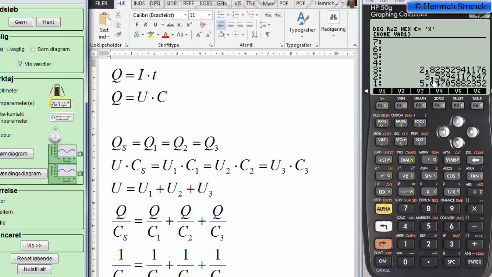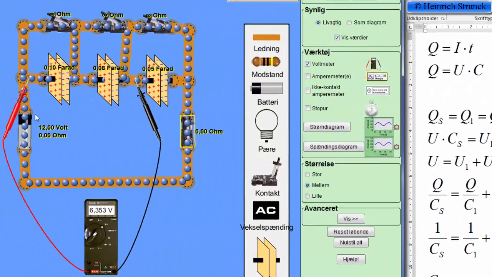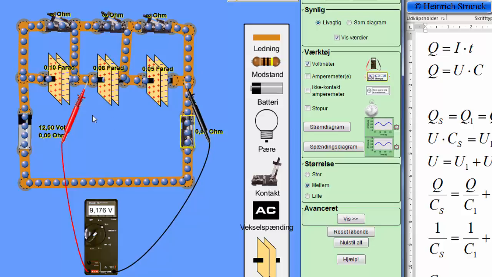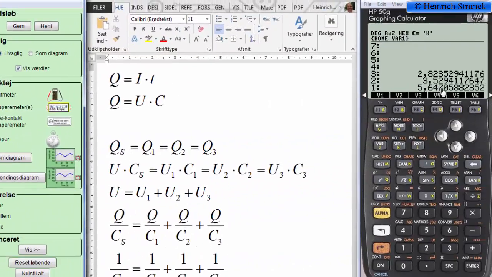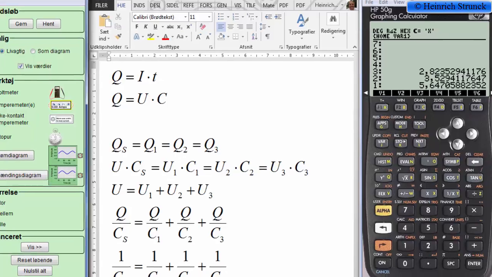Next one should be 3.529, 3.529, yes, and finally 5.647, 5.647, yes, that's correct.